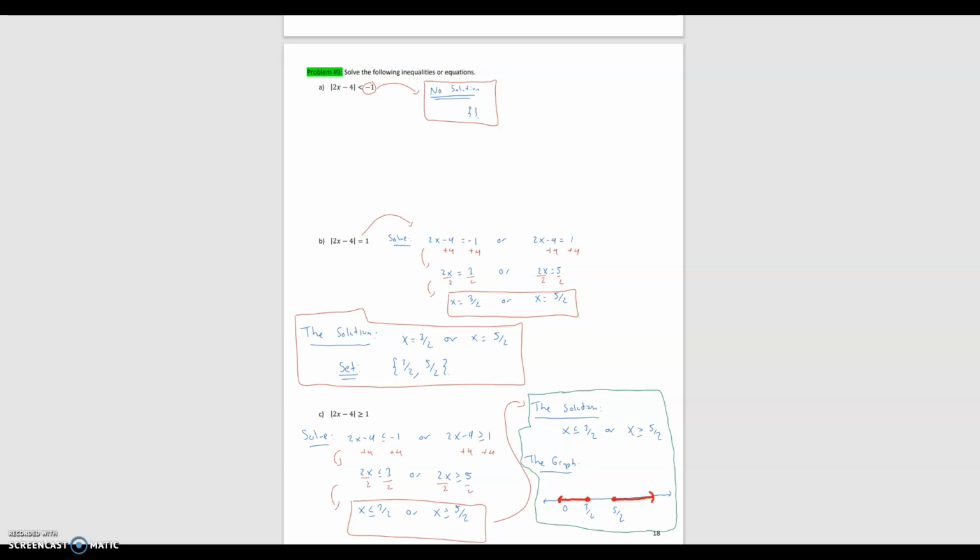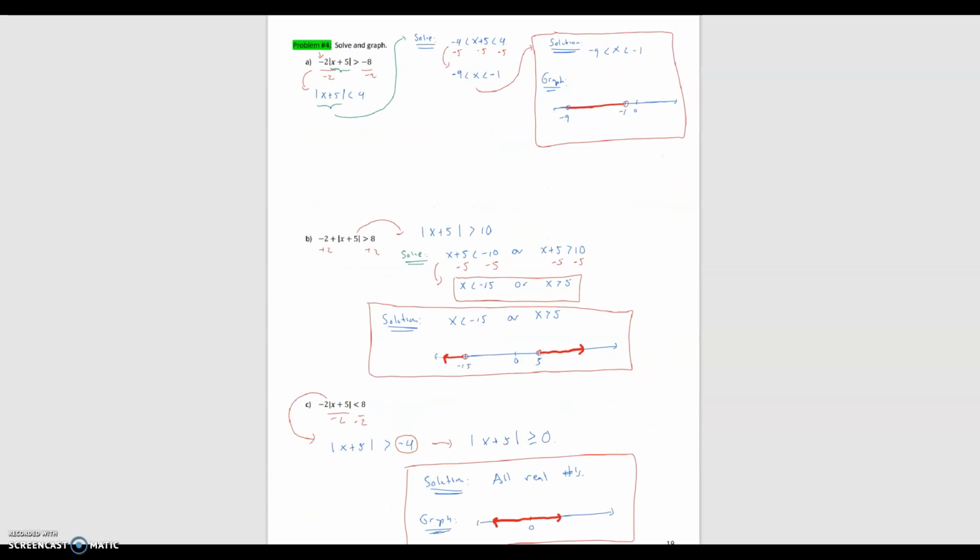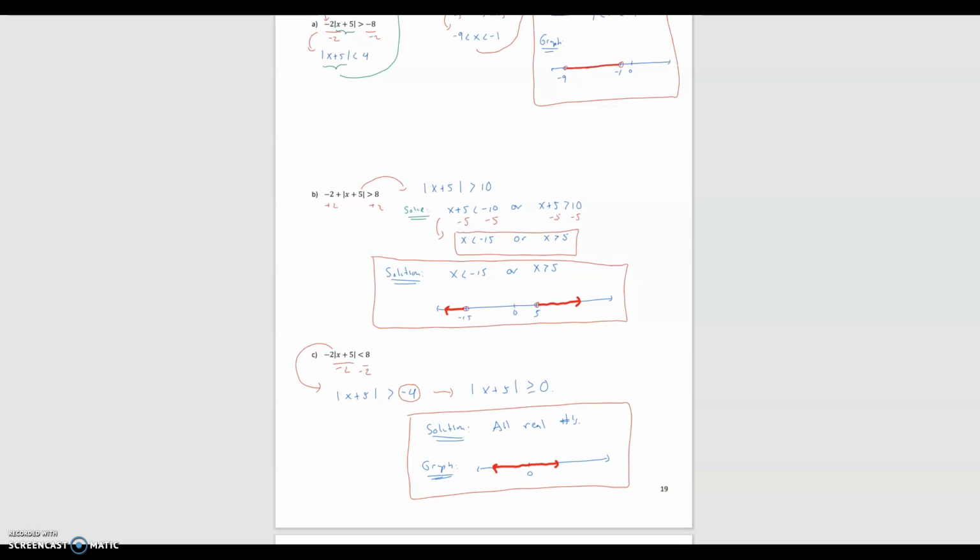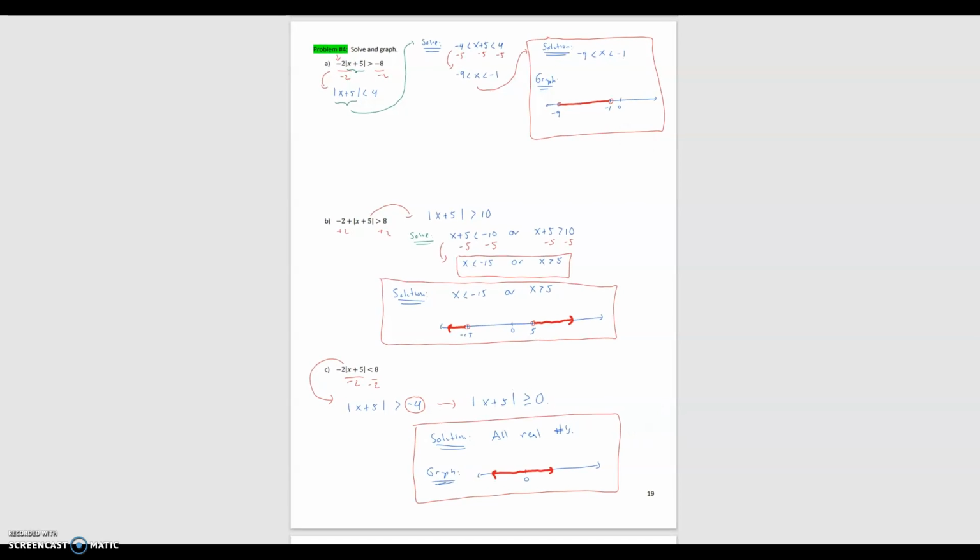Remember that all of these are absolute value statements, so you're looking at distances. For the last one that we just did, because we end up with a distance greater than a negative value, all real numbers. If it had been less than, no solution. The minimum that it can be is 0. That's it for problem 4. We'll put the rest of them on another video.